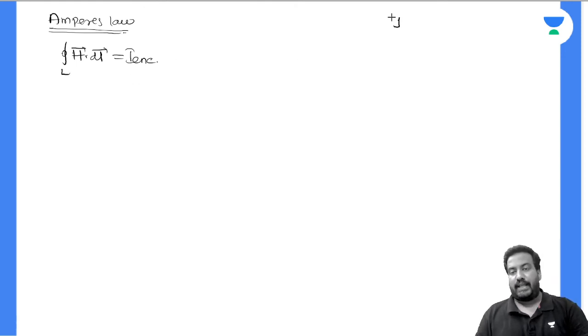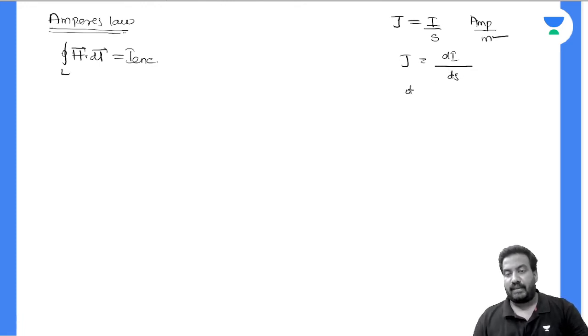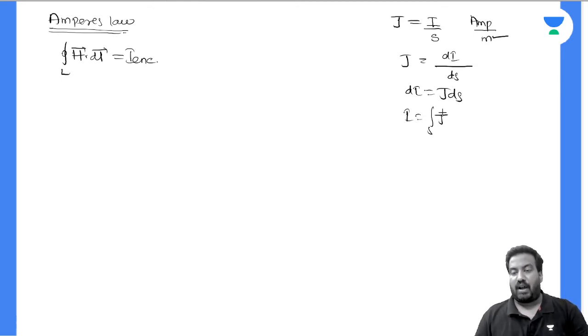How are current and current density related? Current density J is equal to I by S, unit ampere per meter square. If you consider a small surface area ds, current associated with it is di, J is di by ds. From this we get di is equal to J into ds.